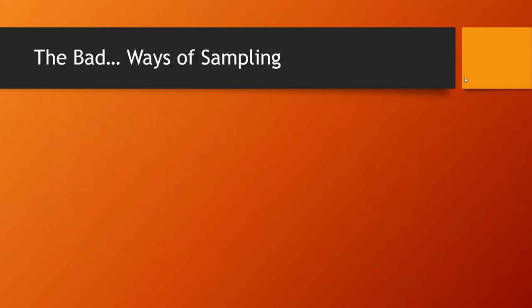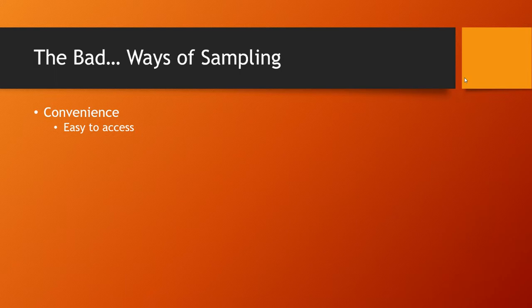So before we talk about the good ways of sampling, let's talk about the bad ways of sampling. Okay, one bad way is convenience sampling. And convenience sampling is just accessing people for your sample or subjects for your sample that are nearby and easy to access. So if I was going to ask students at our school if they wear contacts or glasses, maybe I'll just ask my students. Okay, I see them every day or every other day, and you're easy to access, and I'll just ask you a question.